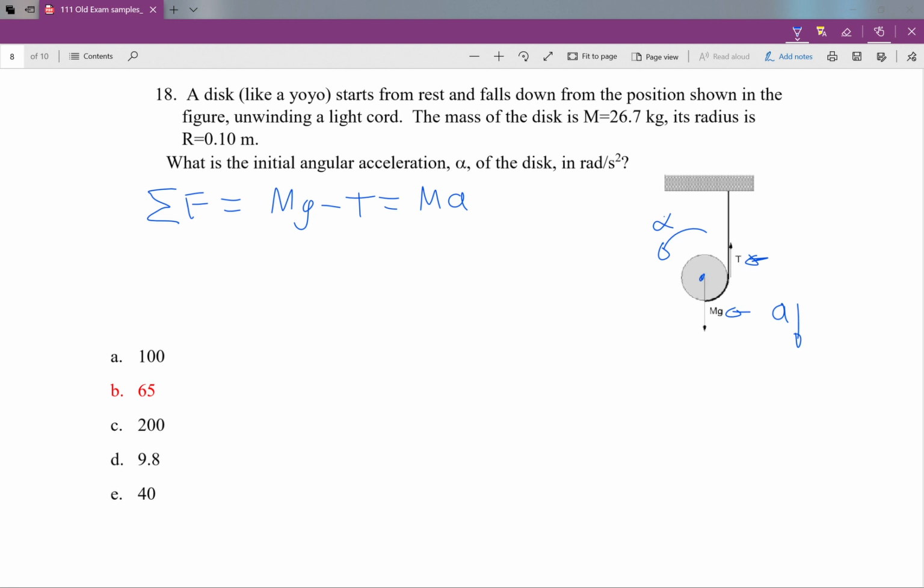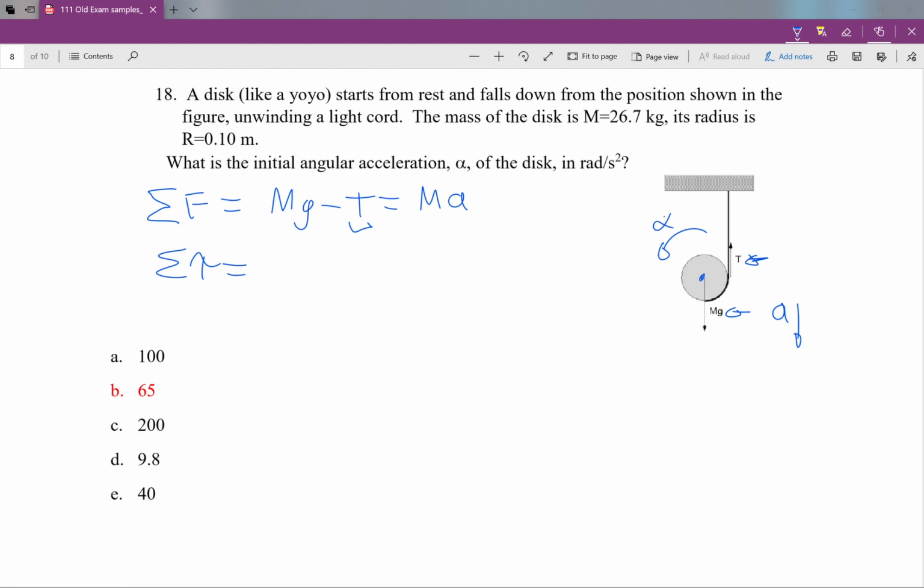Okay, very nice. Now let's find the sum of the torques, right? Because we need to find something in terms of m and a and g instead of just t. We don't want t. T is annoying. So we have to find the sum of the torques. In this case, we said that tension goes along the positive direction of rotation.